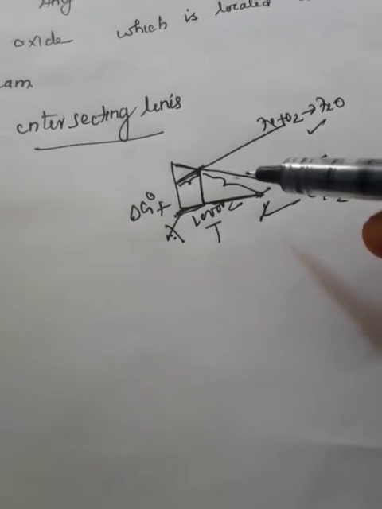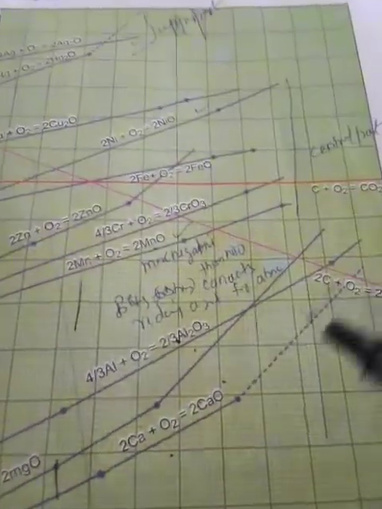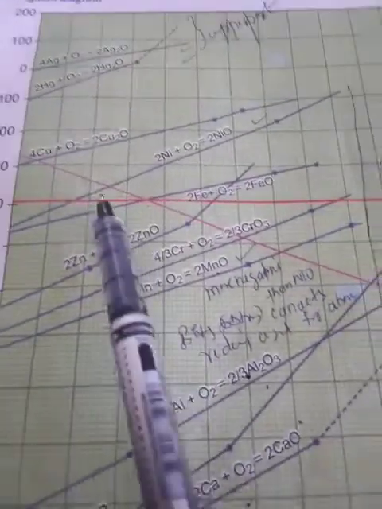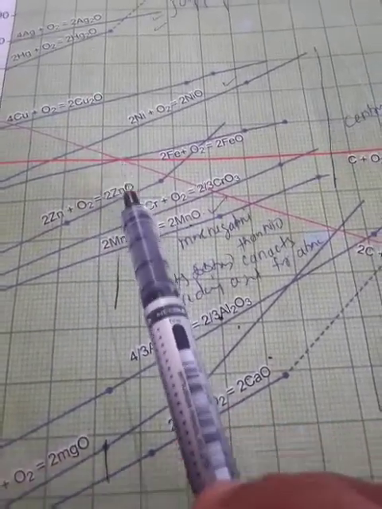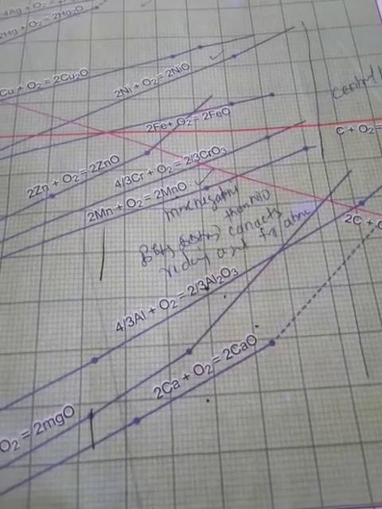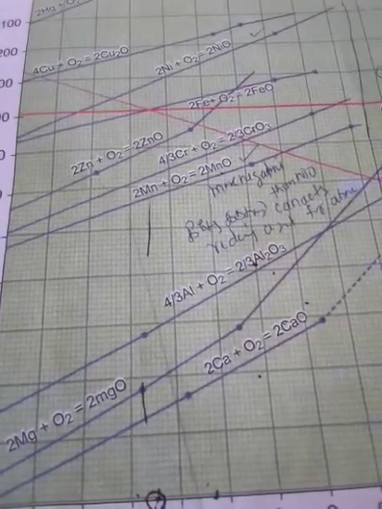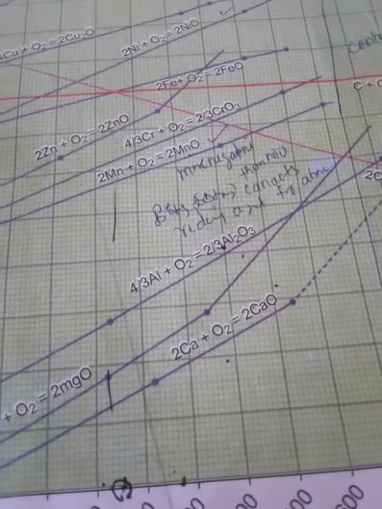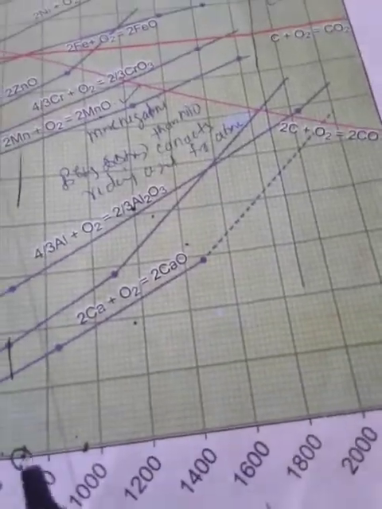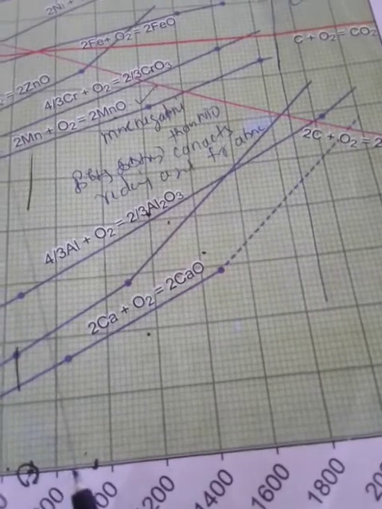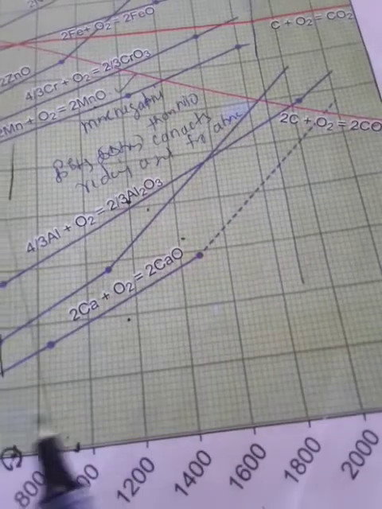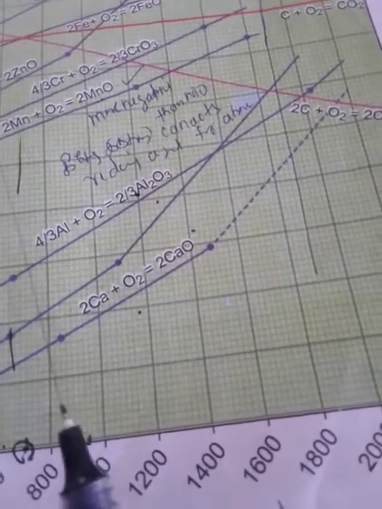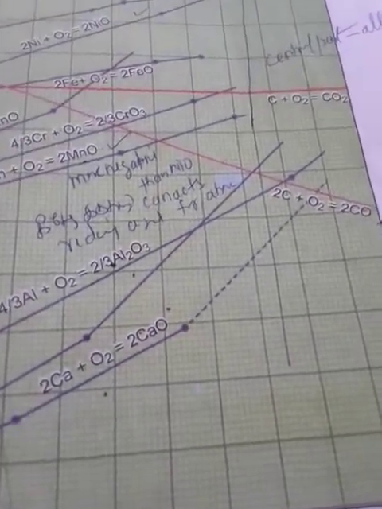So for example, see in your Ellingham diagram, the line cutting here, intersecting line, 1000 Kelvin. So below this temperature, it cannot act as a reducing agent. Above that temperature, coke can act as a good reducing agent for the reduction of iron. This is feasible. This is impossible. This is possible. These are the applications of the Ellingham diagram.